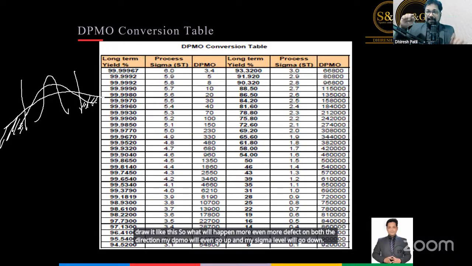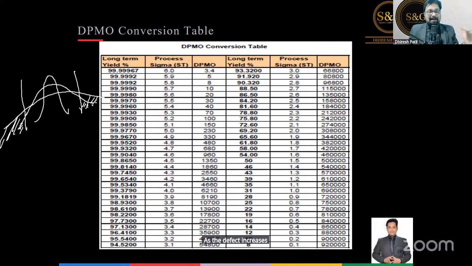As the number of defects increases, what does it mean? My curvature is going more outside the specification limit. And the more my curvature goes outside of the specification limit, the more defects I am creating and my process capability is reduced. My process capability means how capable is my process? 6 sigma in this table is the highest process capability.